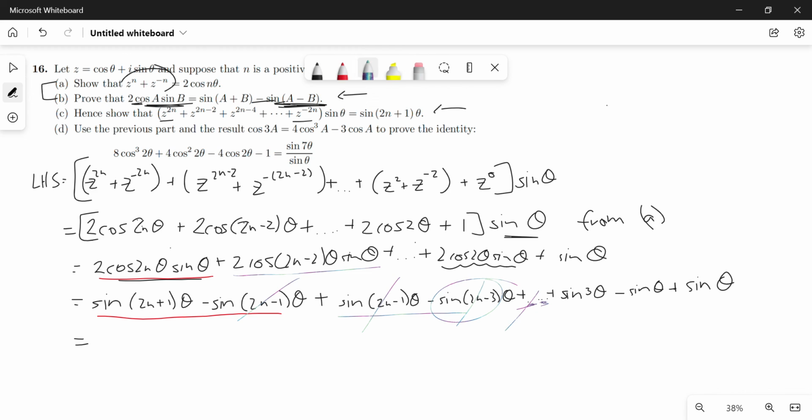So they keep cancelling, and then of course these last two cancel. So everything's cancelling except for that first term being sine (2n plus 1) theta, which is what we wanted. So that is the right hand side, which is what we wanted.